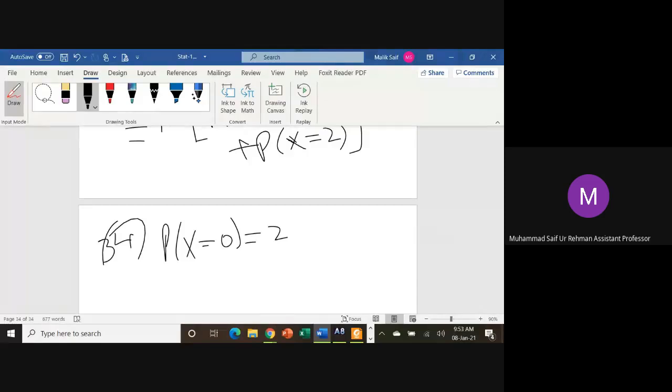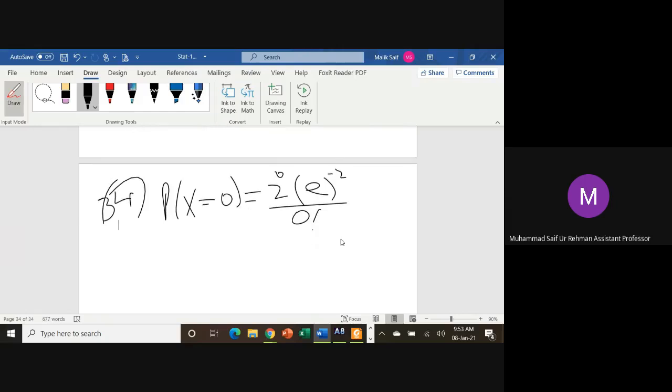Mu power x, 2 power 0, then multiplied by e power minus mu, so e power minus 2, divided by x factorial, so 0 factorial. So 2 power 0 is 1, 0 factorial is 1, and you simply have to find the value of e power minus 2.